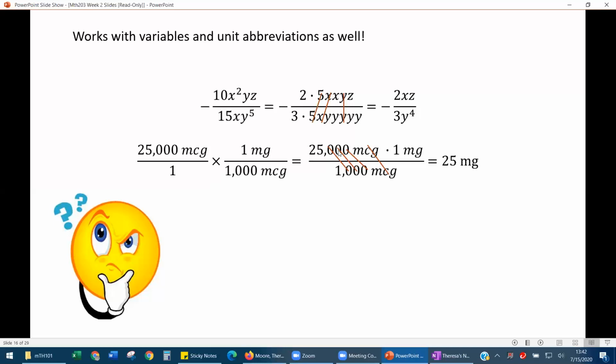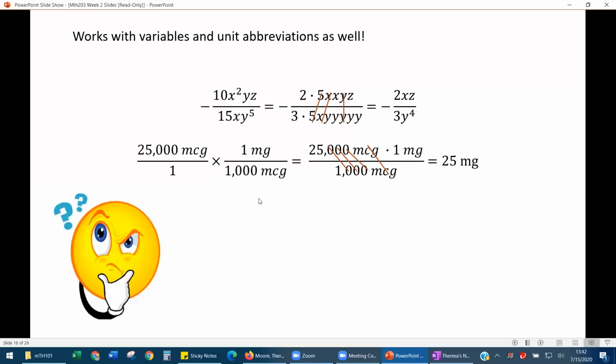Notice we can cancel all our zeros because those each represent 10, but we can also cancel this unit abbreviation. MCG means microgram. We can cancel the microgram on top with the microgram on the bottom. So then we end up with 25 milligrams.